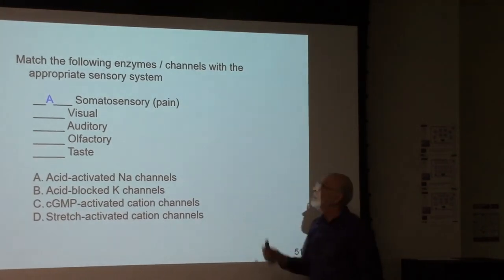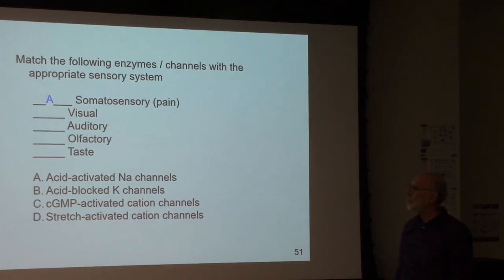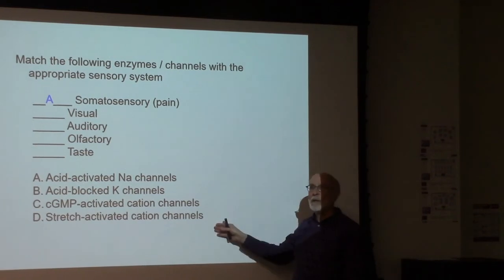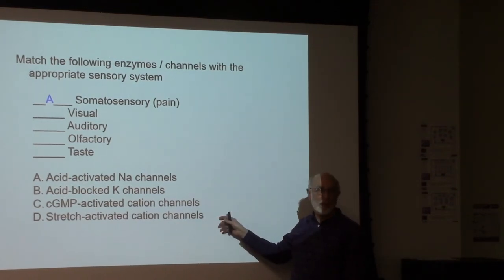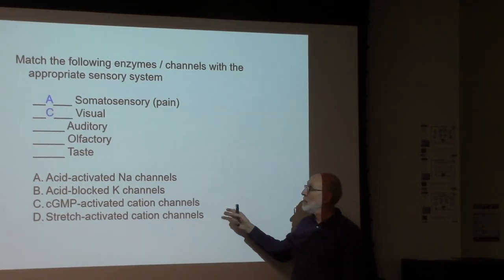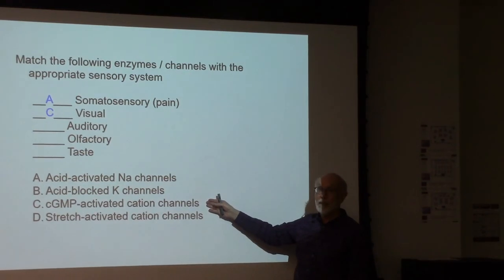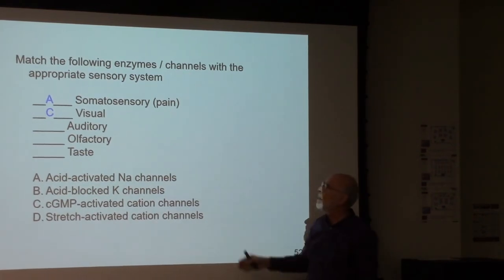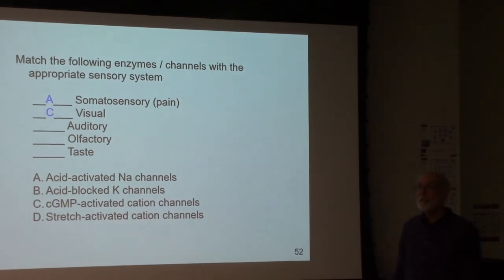Okay? Visual system. Which of these is most associated with the visual system? Right, cyclic GMP gated channels. The auditory system: stretch activated channels.